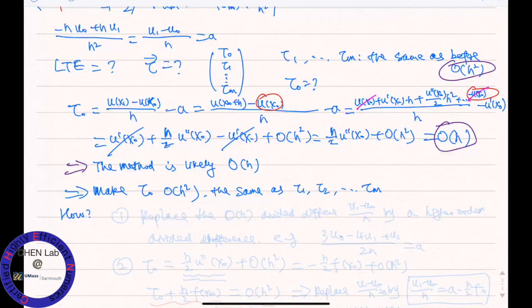There are two kinds of technique. One is that you can replace the order h divided difference, right now we use the order h one, which is basically the d plus, u1 minus u0 divided by h, by a higher order divided difference.